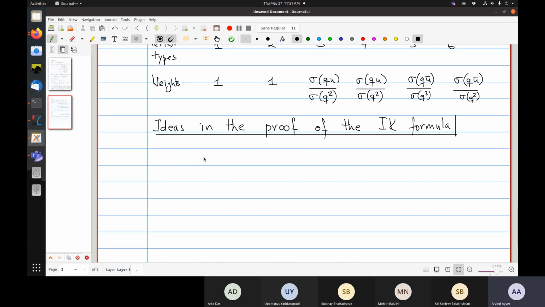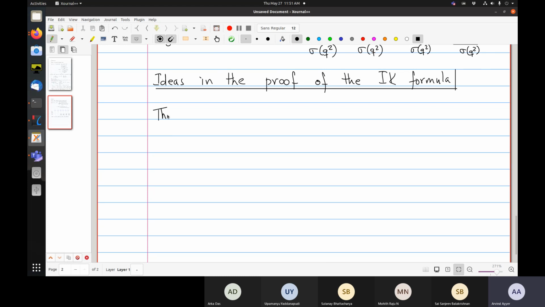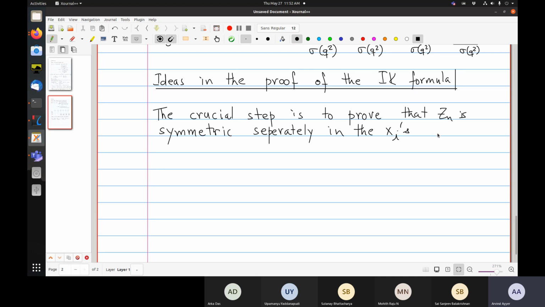Okay. So the crucial step, the really hardest step in the proof, this is the proof, is to prove that Zn is symmetric separately in the xi's and the yj's.